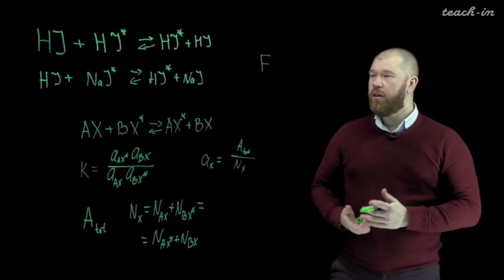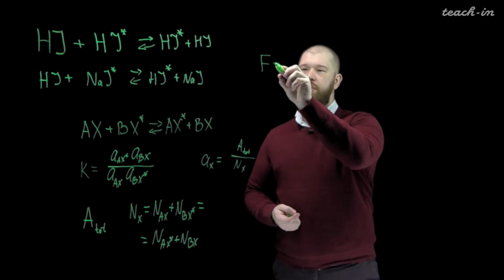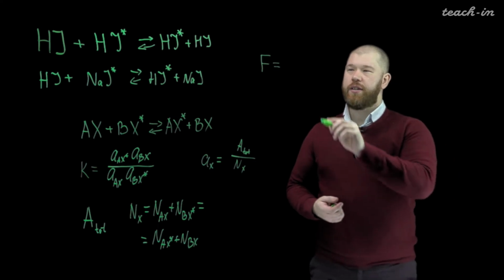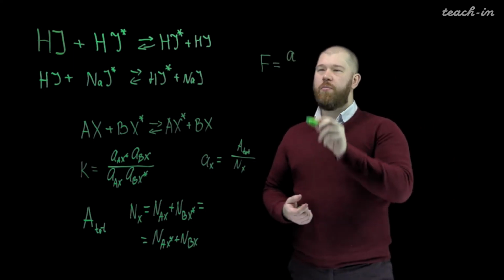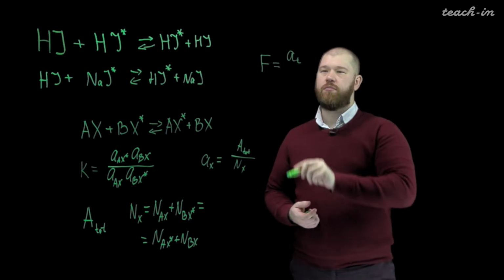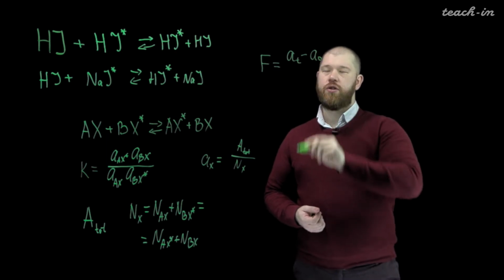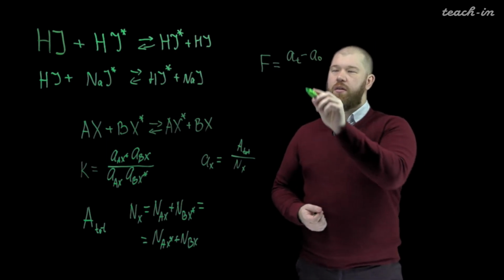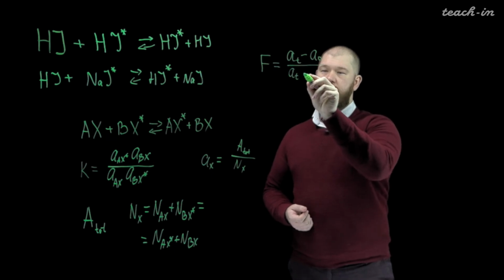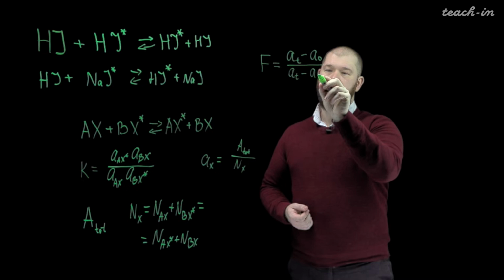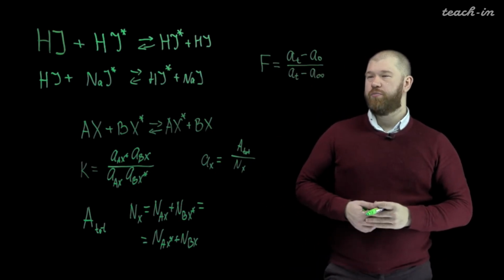And in this case, we are using the degree of isotopic exchange that can be expressed as the activity of our compound at a certain time t minus its initial activity divided by the activity at this time t minus activity at equilibrium.